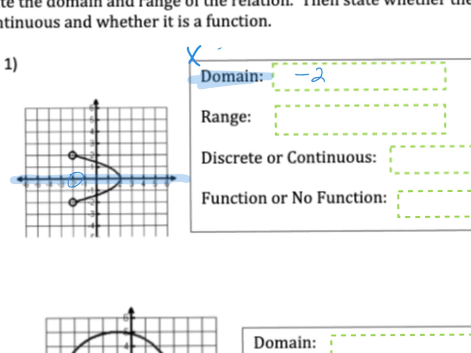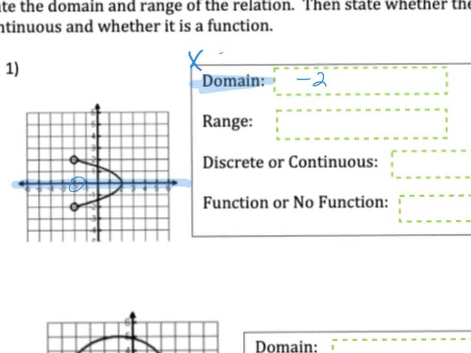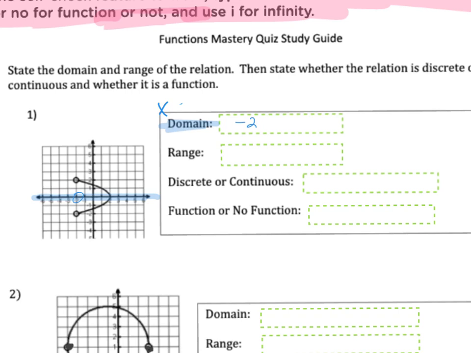And we need to decide what type of bracket we're going to use for it. So we have here a continuous function, which I'm going to go ahead and fill in the blank next to that. The reason we know it's continuous is because I can draw this graph without picking up my pencil. So because it's continuous, that means that the domain isn't just -2, and it's not just where it ends either.